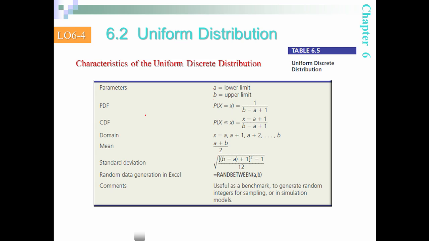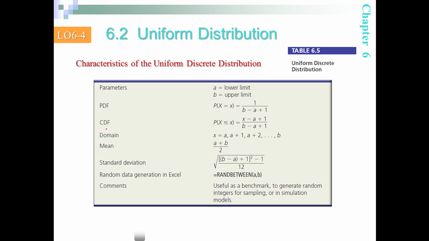And the probability density function, instead of actually writing it out in a table, we can write it out as a function. So we say the probability that x is equal to any particular value of x is going to be 1 divided by b minus a plus 1. And we'll look at an example of this to hopefully make it more clear in just a minute. But that's the probability density function.